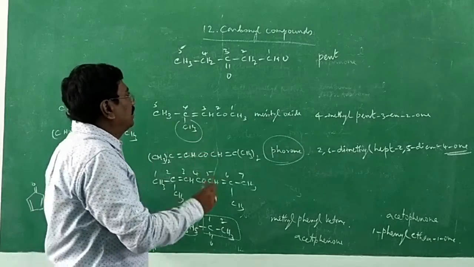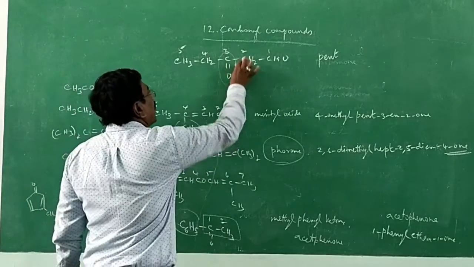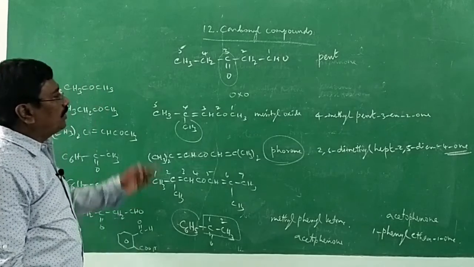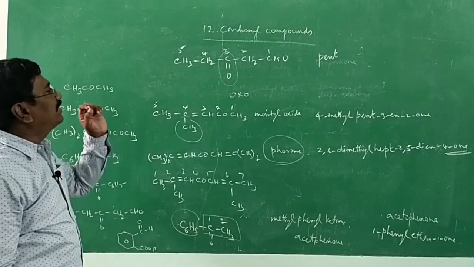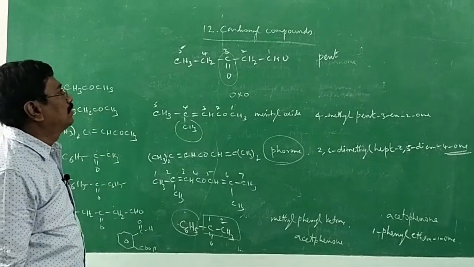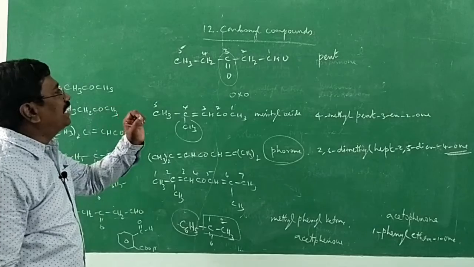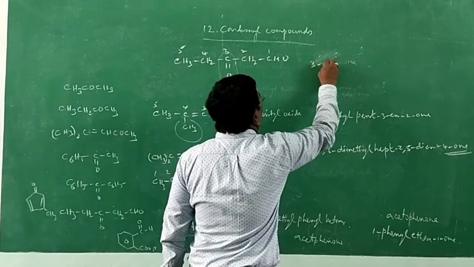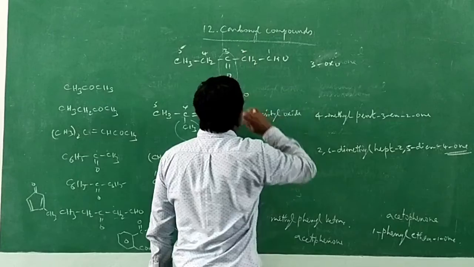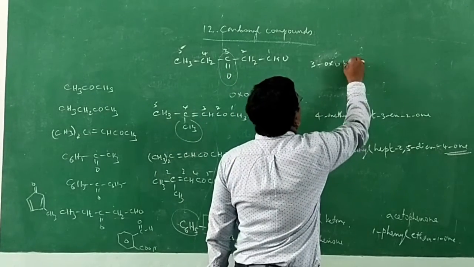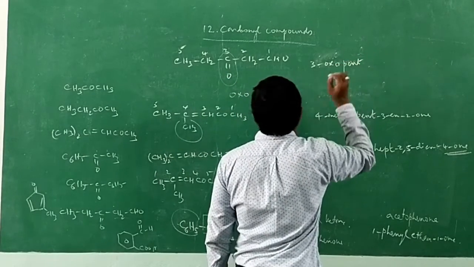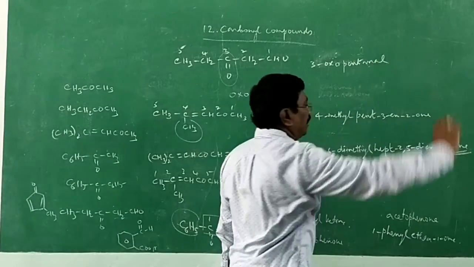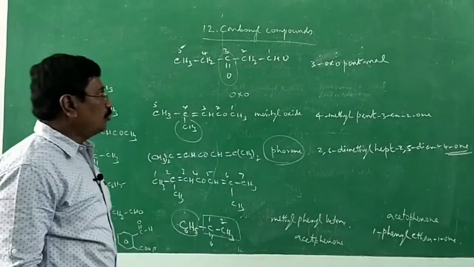In such situations, the carbonyl group gets the name oxo. So we give pent, 3-oxopentanal. 3-oxo, at the third carbon atom we have the oxo substituent, 3-oxopentanal.